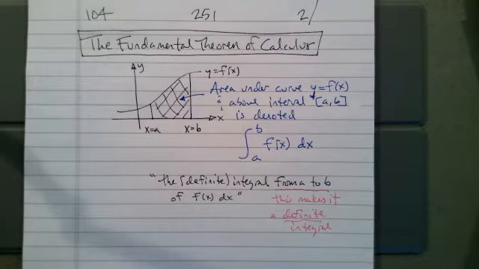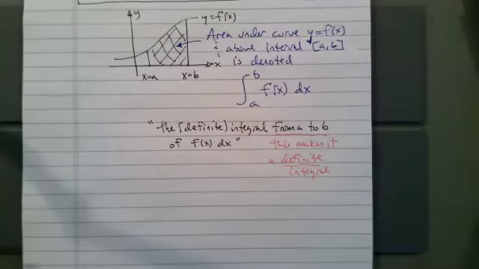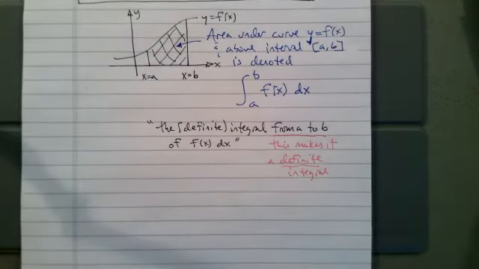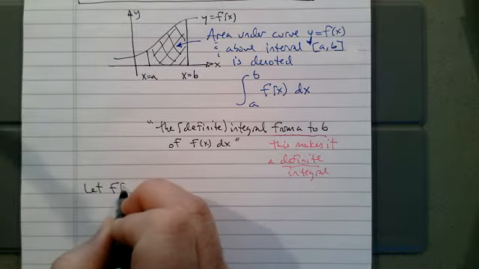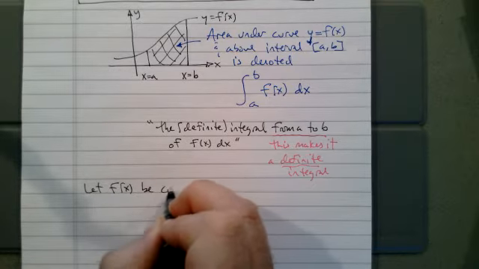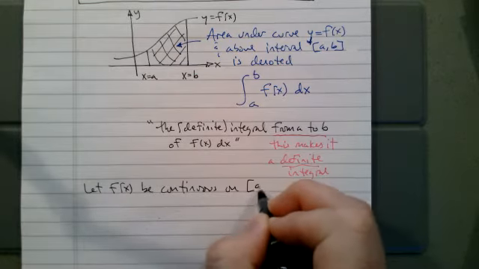Let's get to the fundamental theorem of calculus portion, because antiderivatives need to show up today. The fundamental theorem of calculus says the following. Let f of x be continuous on the closed interval from a to b.